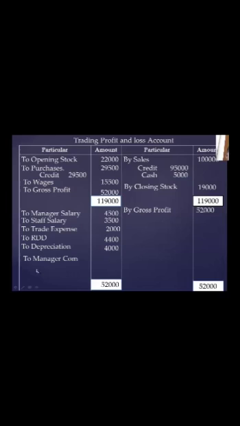Whatever comes is 33,600. 33,600 is the profit before commission.